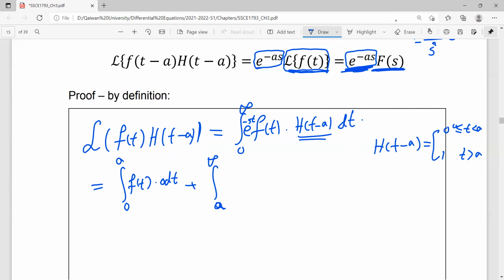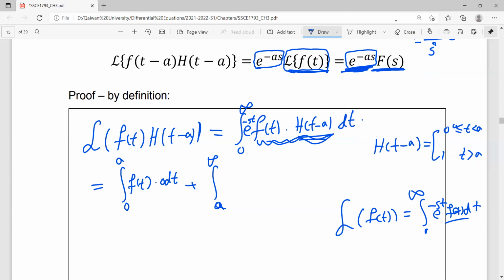It's the rule for finding the Laplace transform for a function. We should say the Laplace transform for any function, let's say f of t, equals the integration from 0 to infinity e to the power minus st f of t dt. But here we have this function f of t times this. We multiply it by e to the power minus st dt.